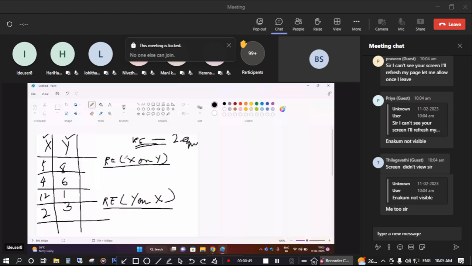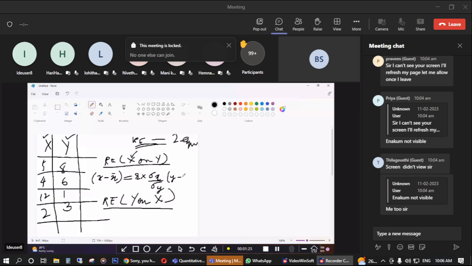Regression equation x on y, so it is starting with x. So you start with x minus x bar, close the bracket. x minus x bar is equal to r into sigma x, since it is starting with x, the first x only will come, divided by sigma y into y minus y bar.